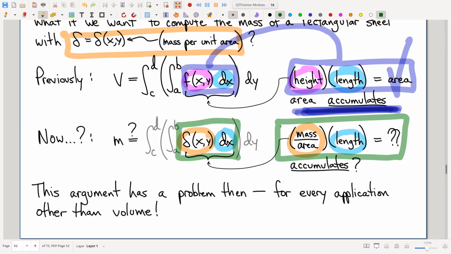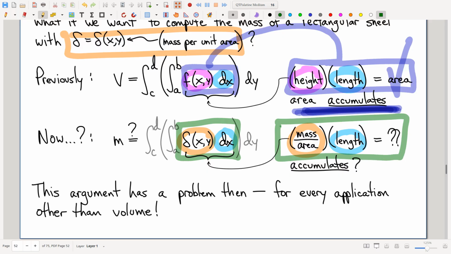And you might even be able to make a compelling case and argue all the little details of that, and persuade a reasonable listener that you have a coherent argument. But the problem is, mass is not the only question that we're going to have to make these kinds of arguments with. So every single time you want to compute something that isn't volume, we don't want to have to go through and check a bunch of details and take a non-pre-existing concept and try to argue that we should have a good intuition for it.